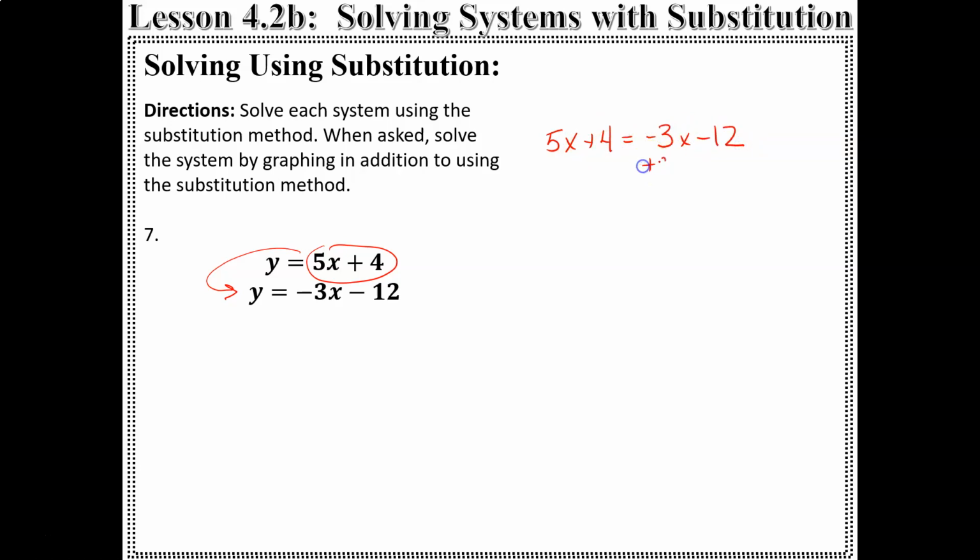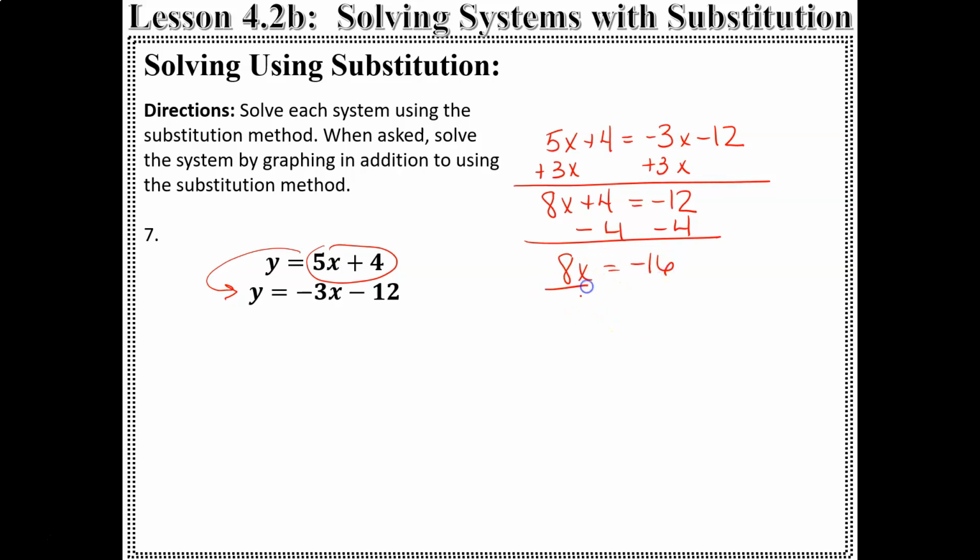I'm going to bring those variables to one side. So now I have 8x plus 4 equals negative 12. I'm going to subtract 4. So now I have 8x equals negative 16. Divide by 8. X is negative 2.